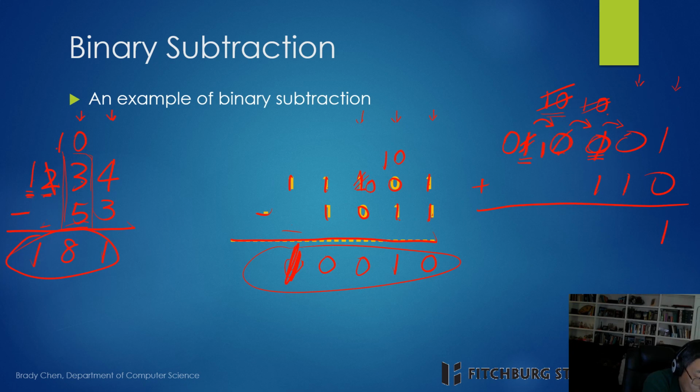One stays in this position, and the other one will be borrowed by the previous position. And that one will be interpreted as 1 0. So now I have 1 0 plus 1, that's 1 0, and minus 1. 1 0 is interpreted as the value 2. So 2 minus 1, that's 1.